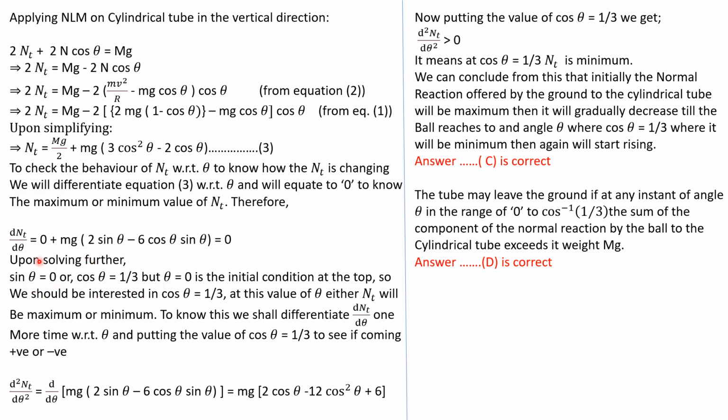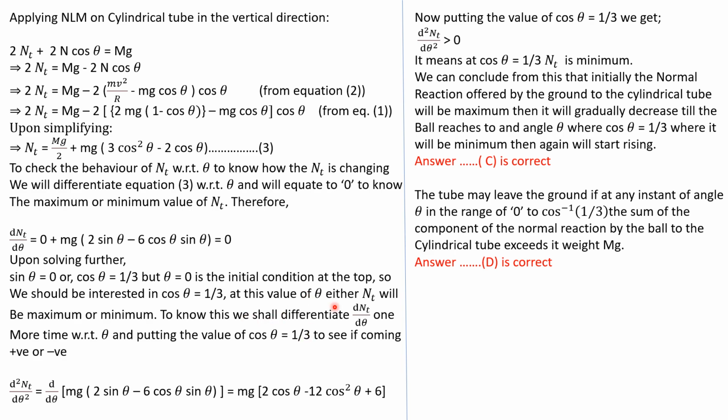But sine theta will be 0 at theta equal to 0, means when the balls were at the top position, theta was 0. So we are interested in knowing when cos theta is equal to 1 by 3, because it has started from theta equal to 0.